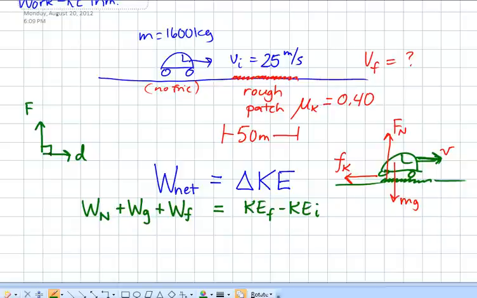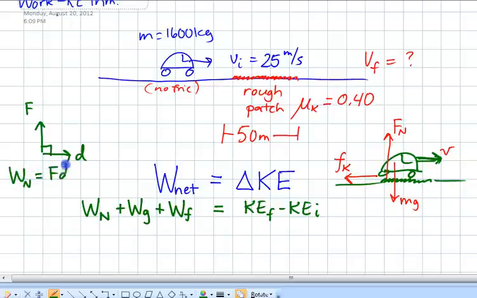So when we calculate the work done by the normal force, it will be F d times the cosine of the angle, and that's going to be equal to the cosine of 90 degrees, which is 0. For a reminder of this, you can look back at the work energy video. So that's going to be equal to 0.